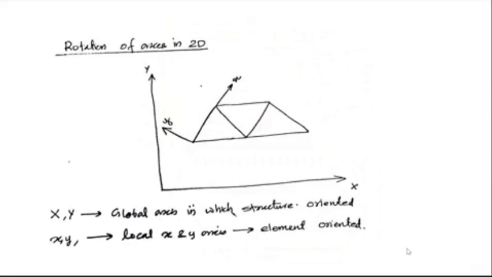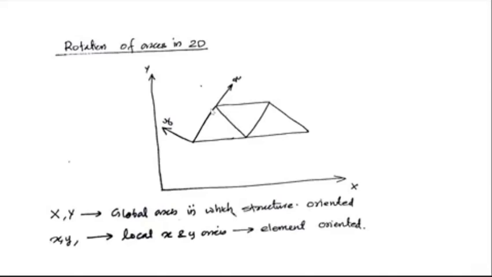Okay, and when we consider the case of a truss, the axis of each element is in a different direction. So we have to make sure that everything is converted into a single coordinate system, a single direction, the global direction. For that we require rotation of axis. So we'll be finding the KE matrix of each element in a local coordinate system and converting it into the global coordinate system.